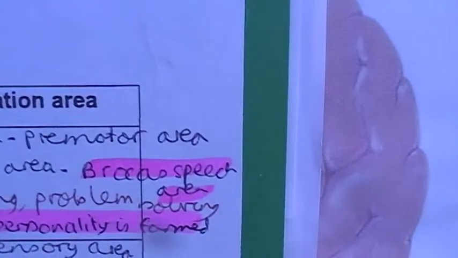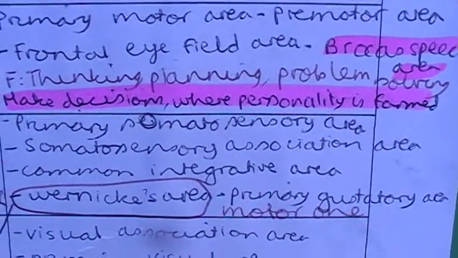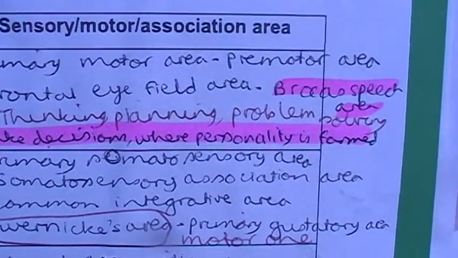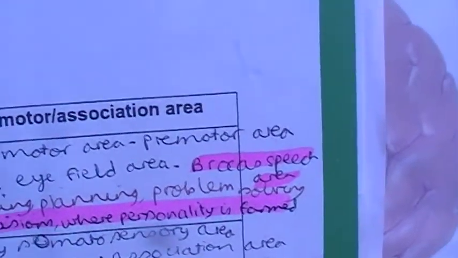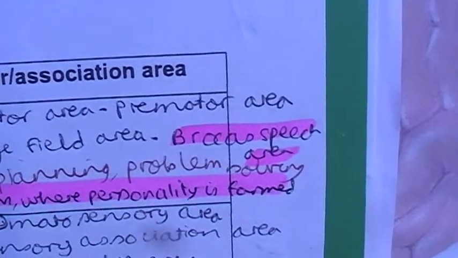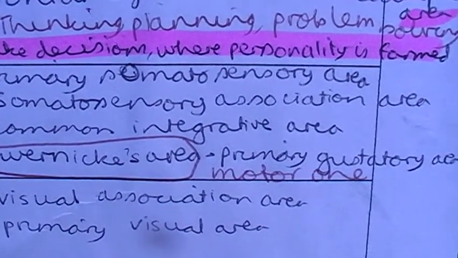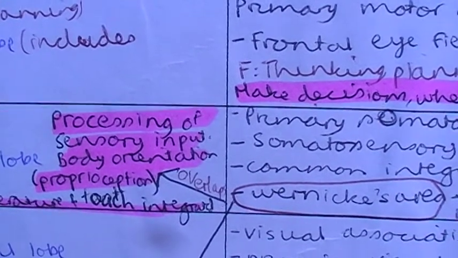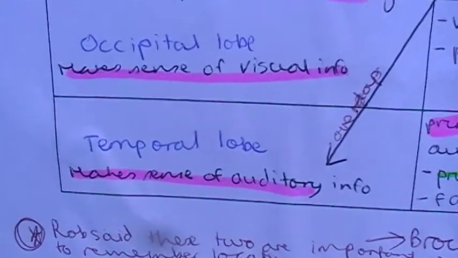The Broca's speech area is in the frontal lobe. The Wernicke's area, which is a motor area and involves processing of sensory input and body orientation, overlaps with the temporal lobe.